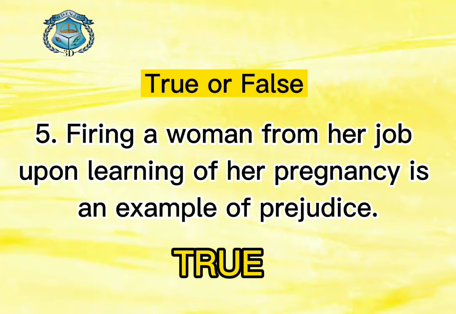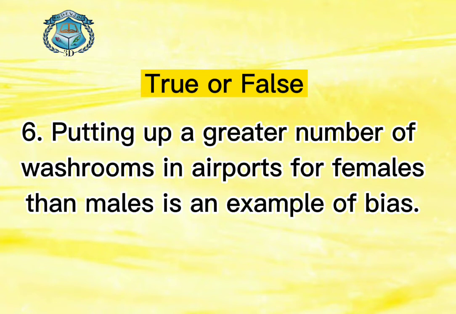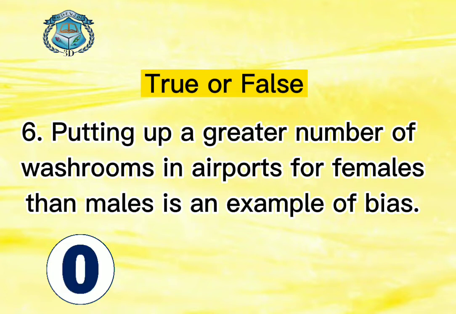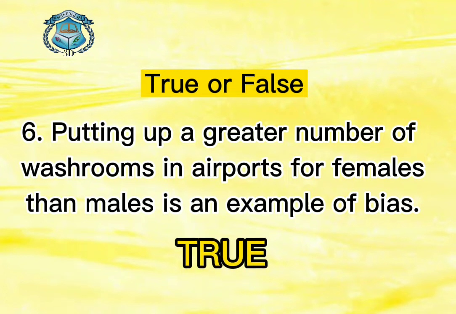The correct answer is true. Number 6. Putting up a greater number of washrooms in airports for females than males is an example of bias. Nice! The answer is true.